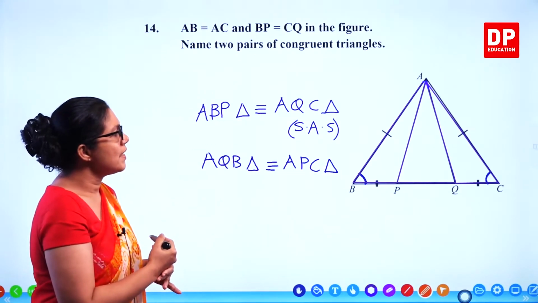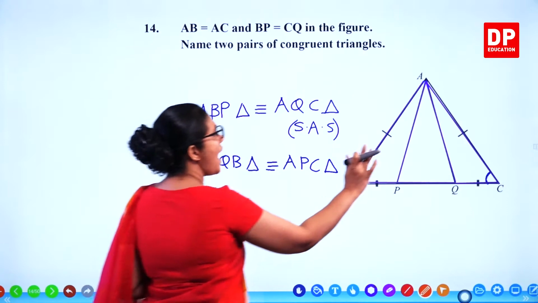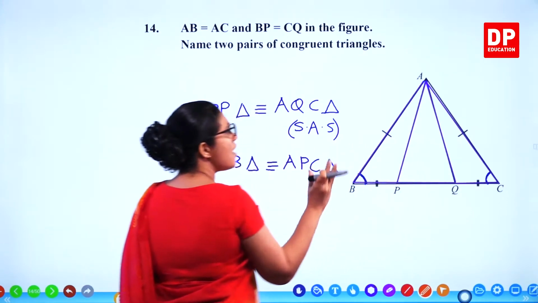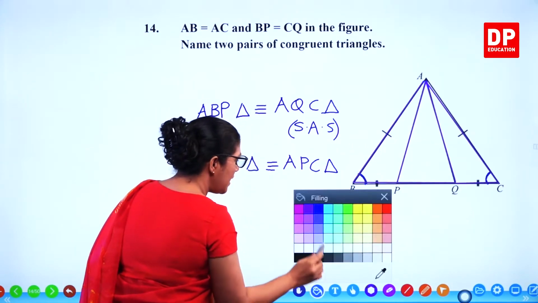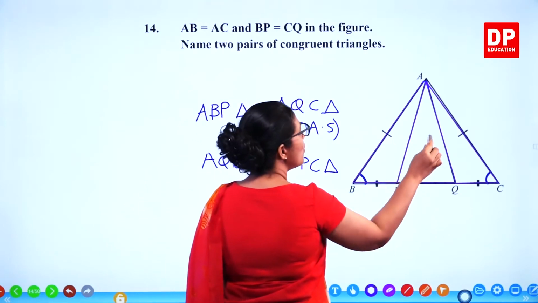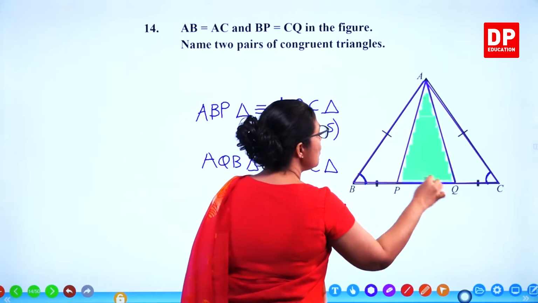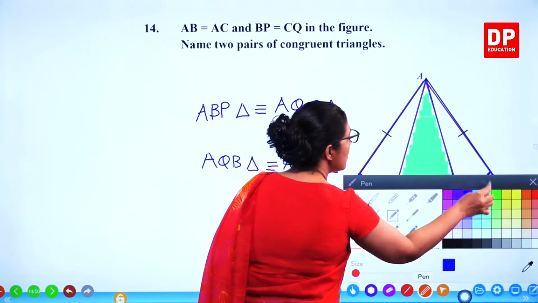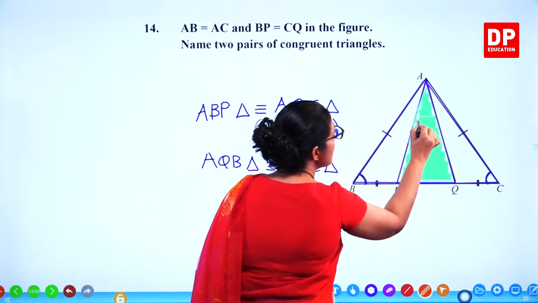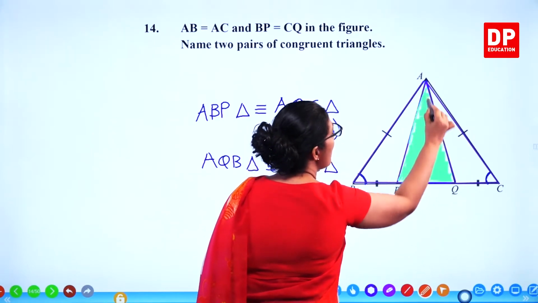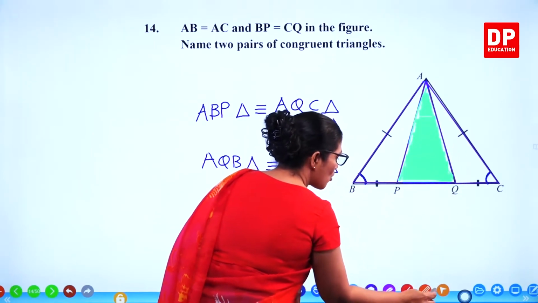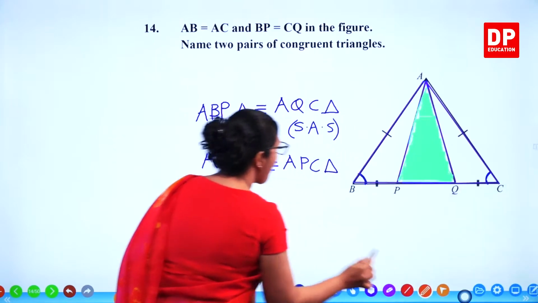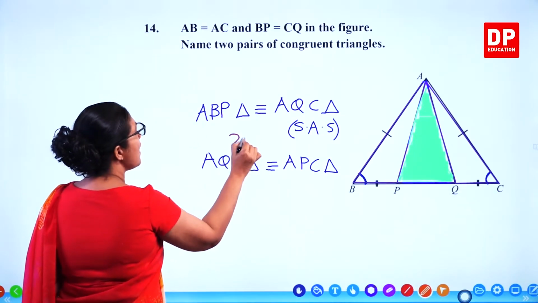That's also same thing because we are just adding another triangle. So I'll shade and show you this one. So when you add this one to both of the triangles, this is the common part. So those two triangles also congruent. So you get 2 marks for that.